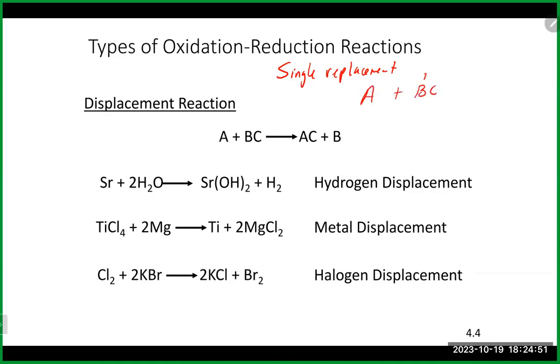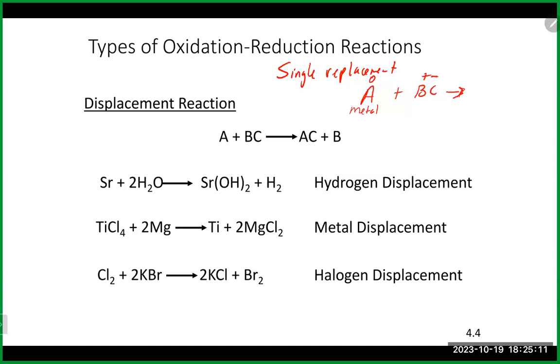You will have an ionic compound, and you will have one element by itself, which may be a metal. If it is a metal, it will have no oxidation state, as it's by itself. Elements by themselves from the periodic table have no charges, no oxidation state.